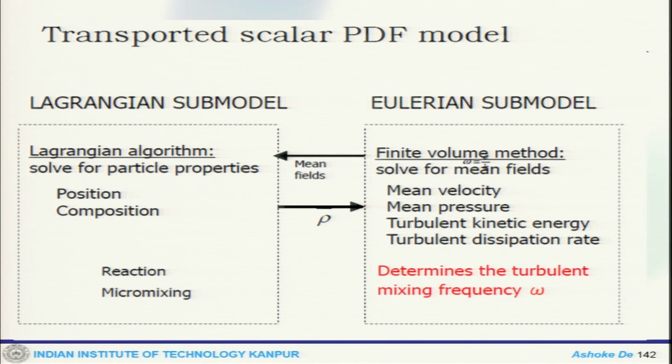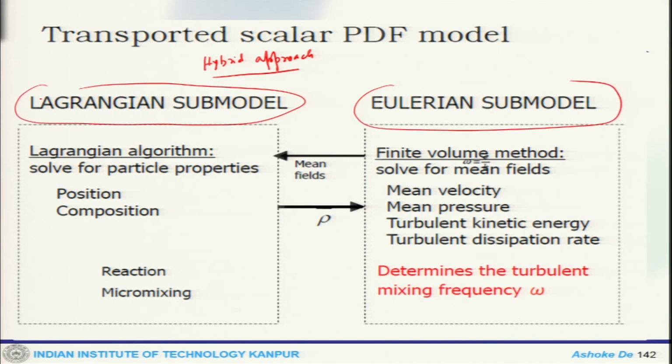If we put together the process of this transported scalar PDF, we can see this is a sort of hybrid approach. That means you have both Eulerian submodels and Lagrangian submodels.